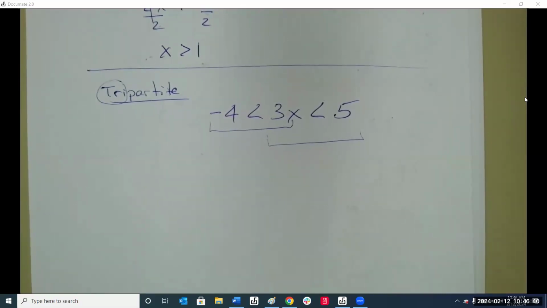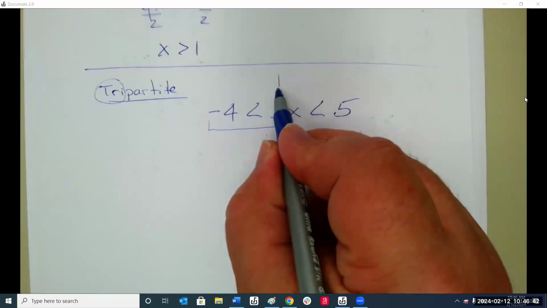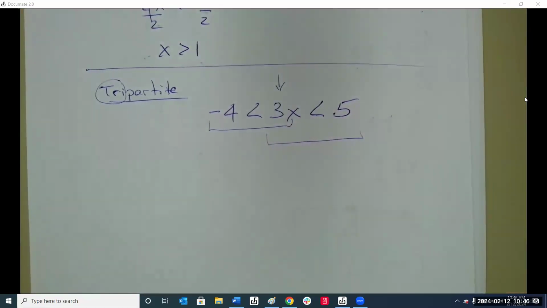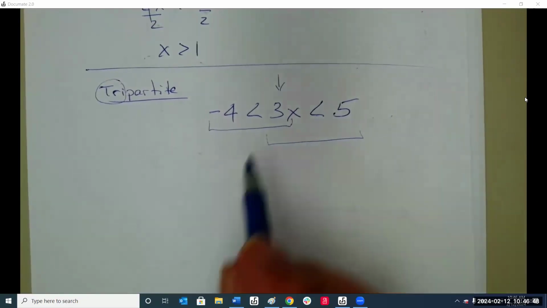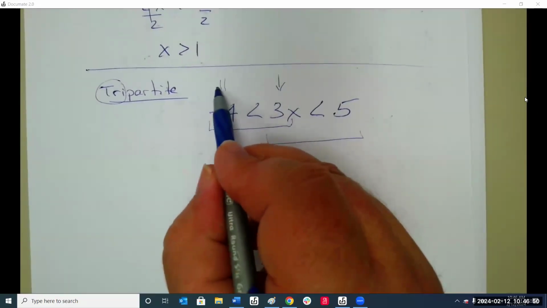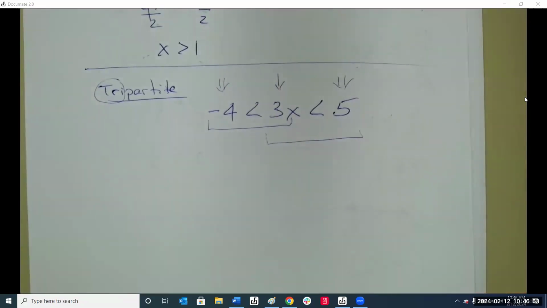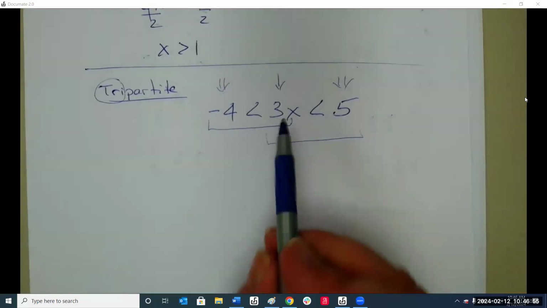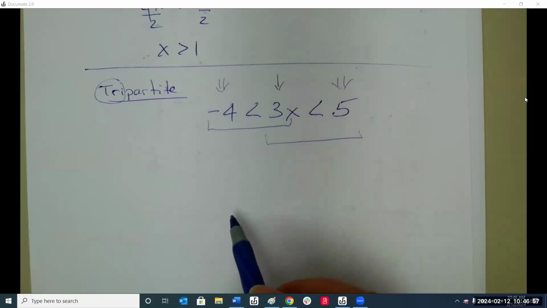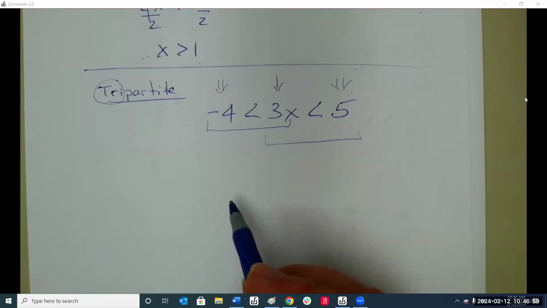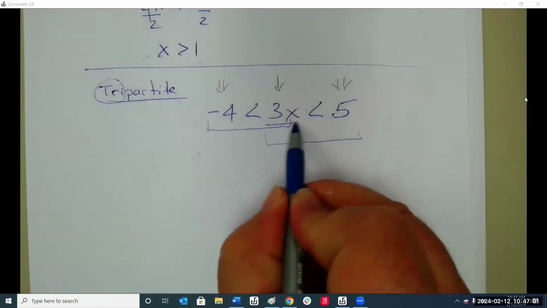So to solve these, only worry about where the x is. Your objective is to get x by itself. Whatever you do here, you do to the outer 2. So what do you have to do in the middle to get x by itself? Divide by 3.